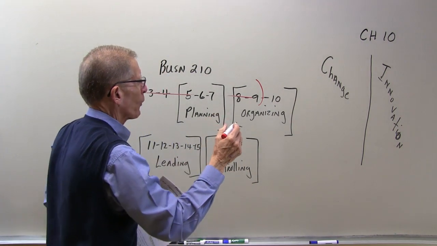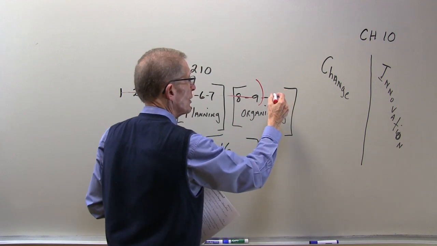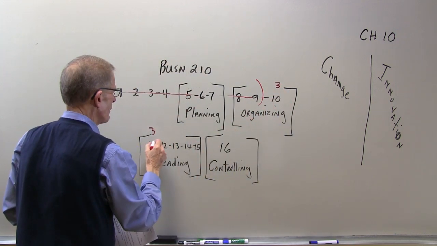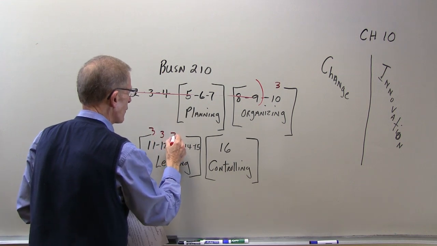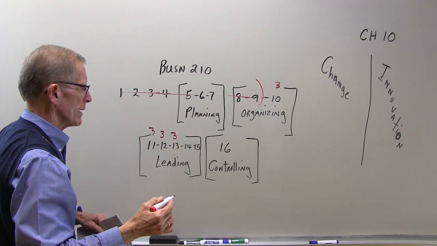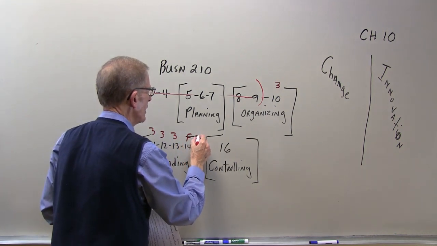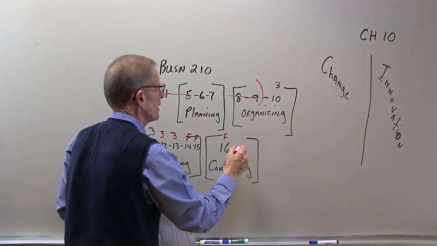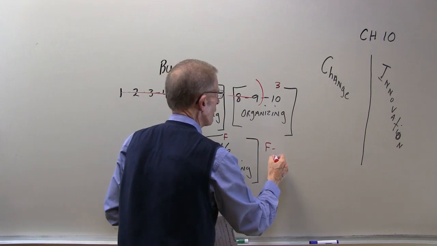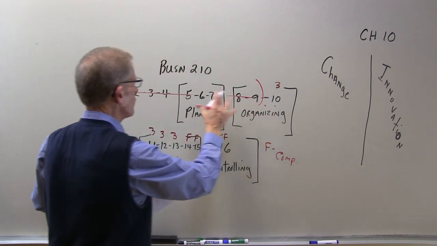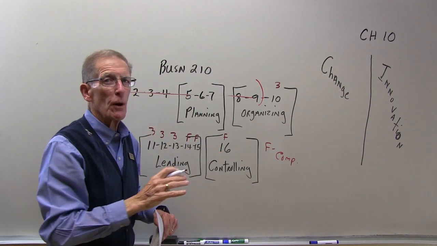So here's how it works. Chapter 10, which is on organizing, and chapters 11, 12, and 13 will be test number 3. The final will be chapters 14, 15, and 16, and then the final will have some comprehensive part where I'll go back to the previous chapters with some things that I think are most important.